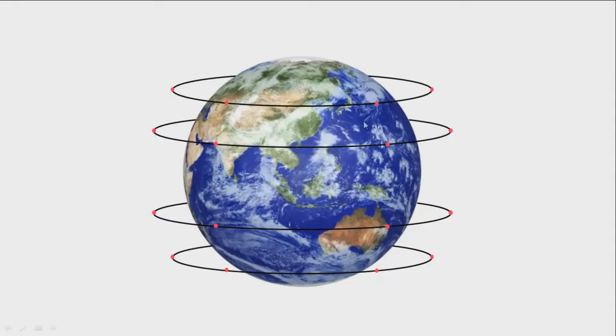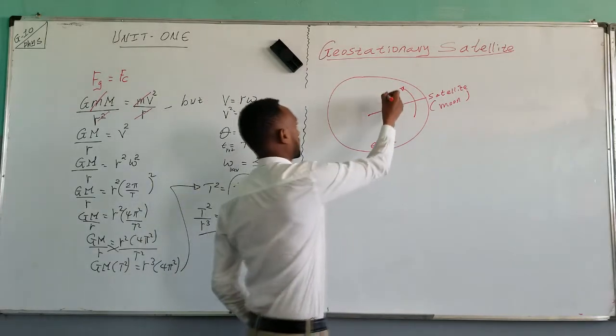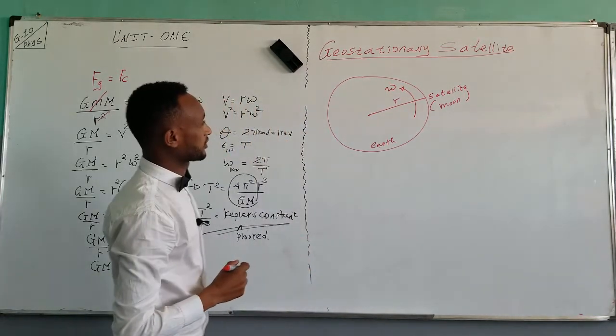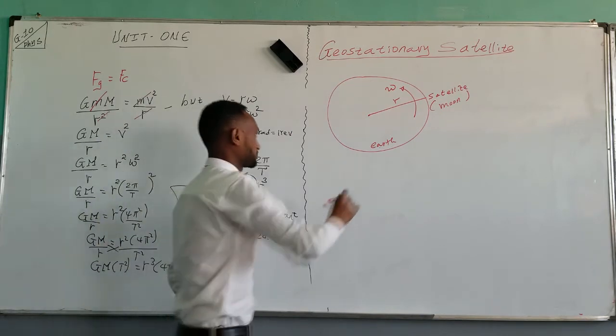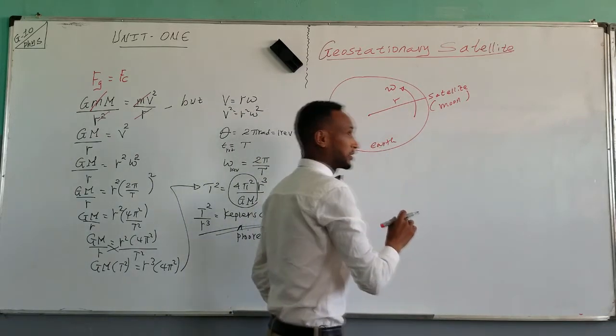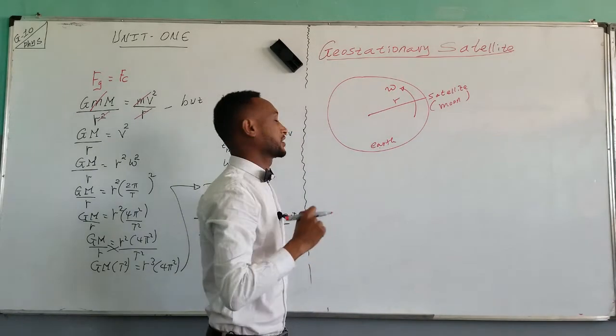There is a force which pulls the satellite toward the center of the Earth, that is the centripetal force, which causes the centripetal acceleration, and the force which attracts the satellite to the Earth is called the gravitational attraction force. They orbit the Earth with the angular velocities. So those satellites are geostationary if they orbit the Earth at the equator with the same angular velocity as the Earth.